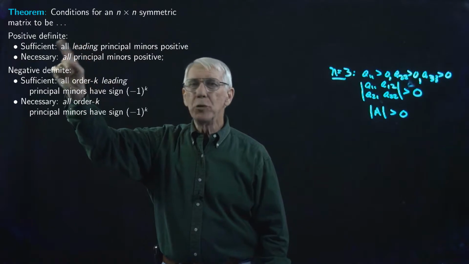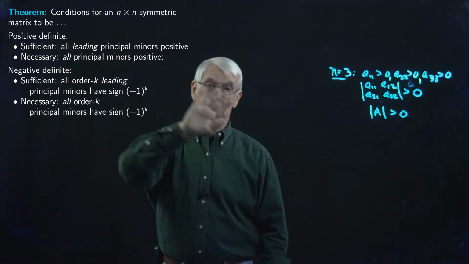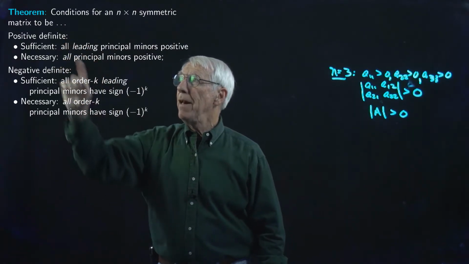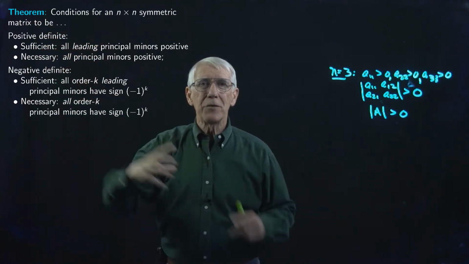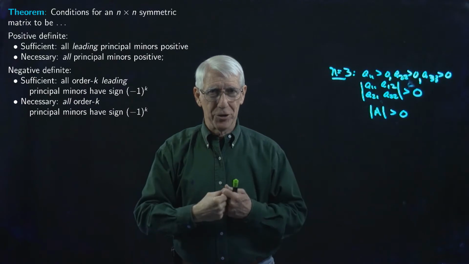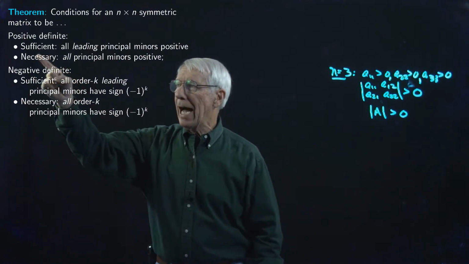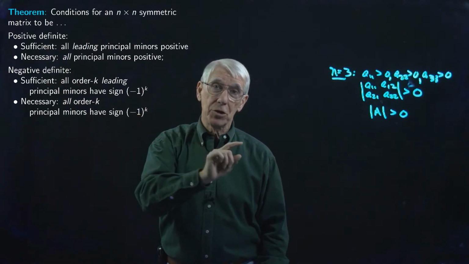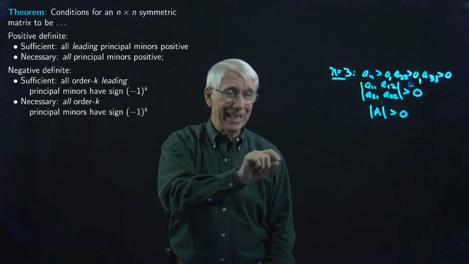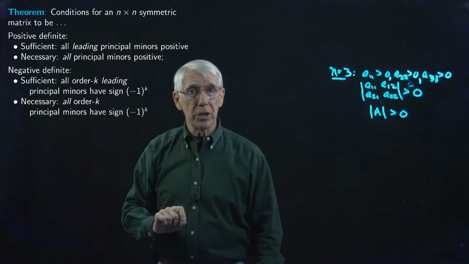But notice the reason that's true here is because of the unusual situation that if the leading principal minors are positive, that's enough to guarantee that all the principal minors are positive. So that's why it comes out this way. And you can go back to the n equals 2 case to see exactly how that works with each of the conditions.